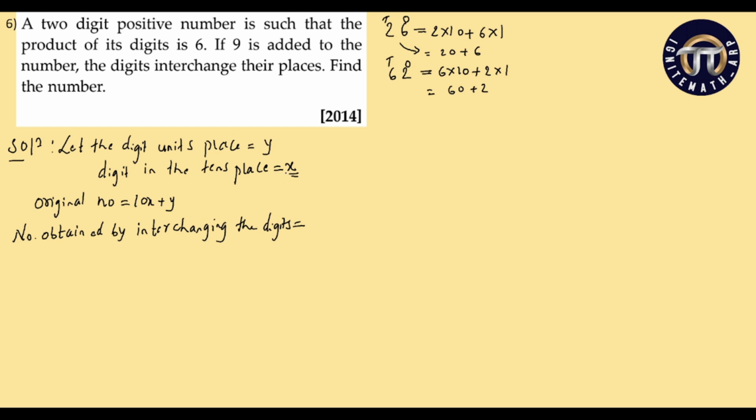If I interchange them, then the tens place will be y and the ones place will be x. Therefore, 10y plus x will be the number obtained by interchanging the digits.